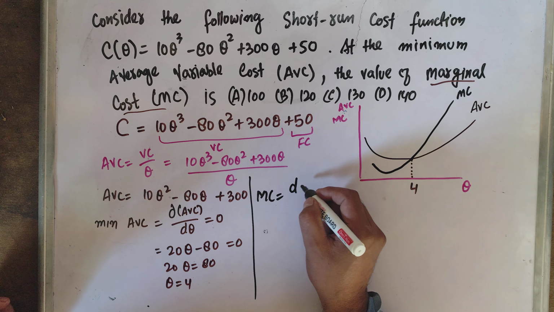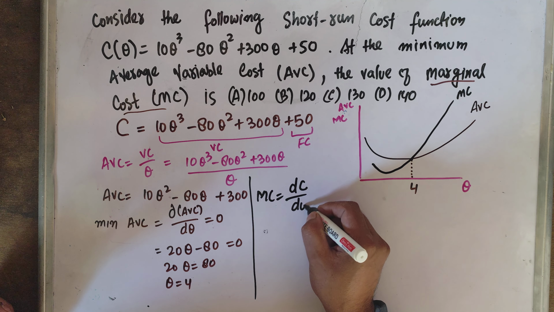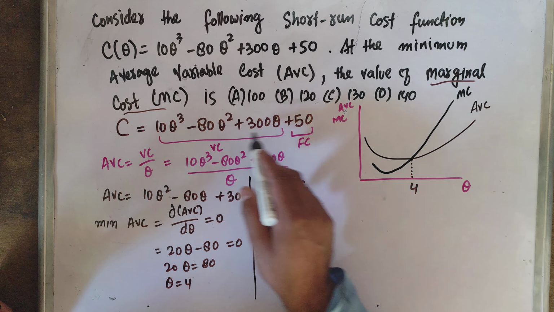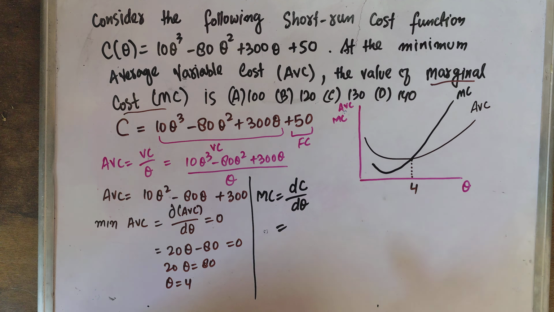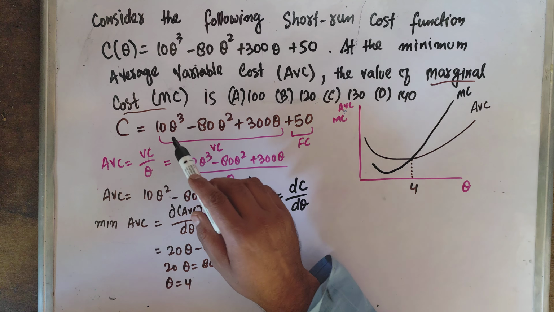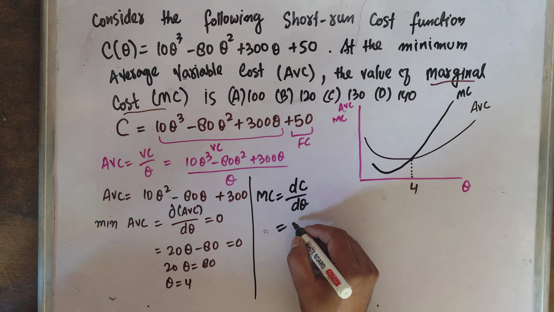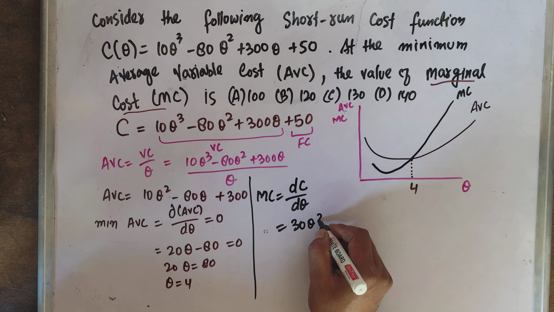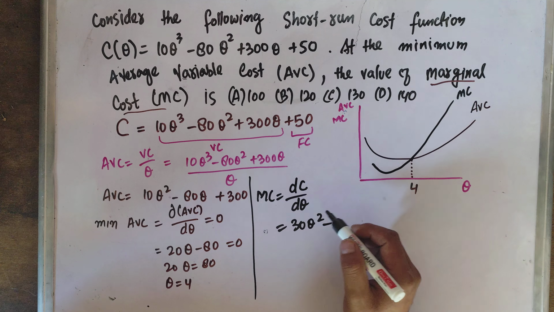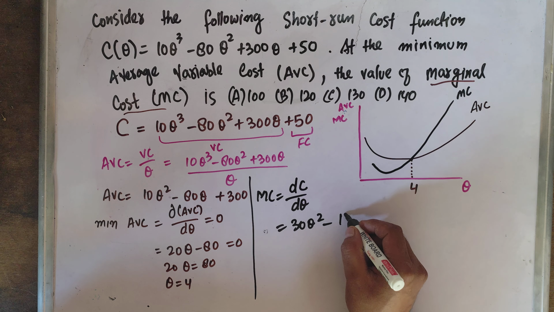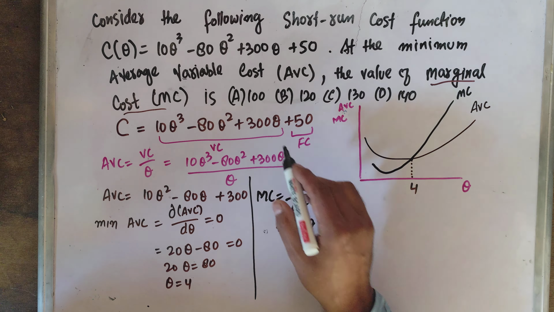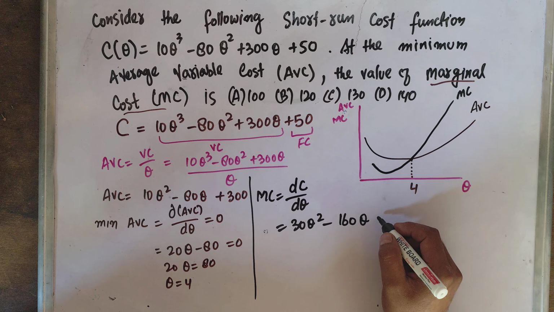That is the change in the total cost due to the change in the output, simply the derivative of the cost function with respect to q. Derivative of q^3 is 3q^2, so we get 30q^2 minus, derivative of q^2 is 2 into 80 is 160q. Derivative of q in the 300q is 1, so we are left with 300.